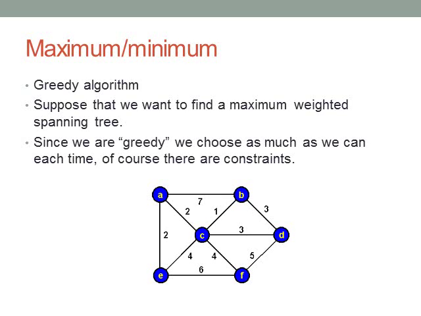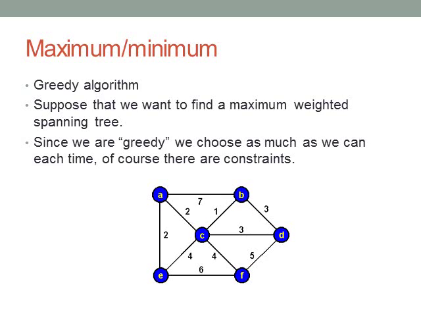And since it's spanning, we have to use every single vertex. So we want a subgraph that uses all of the vertices, that's connected but has no cycles. And in addition, we want the maximum possible sum of the weights of the edges.